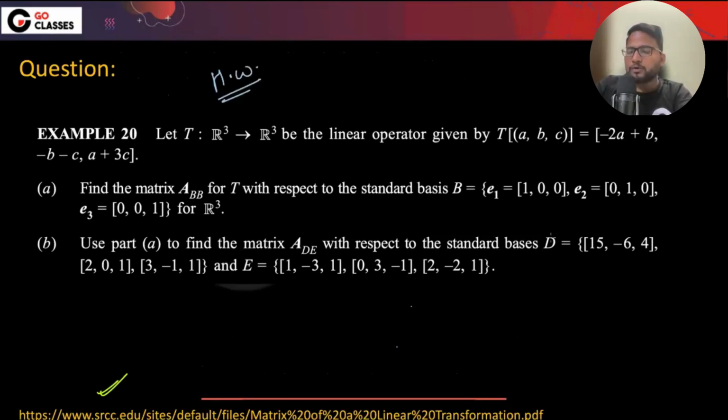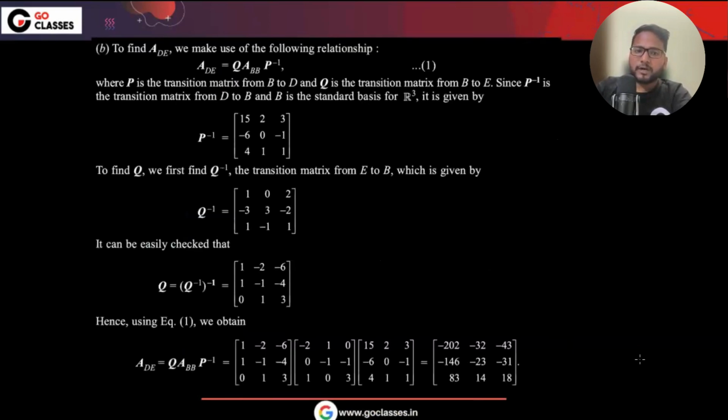Will this be okay? Because the solution is on the next page. With respect to other basis, as you already know, this kind of solution will be there. Or maybe you can find it using the other method. I have told both the methods to you. Now it is up to you which method you are applying.